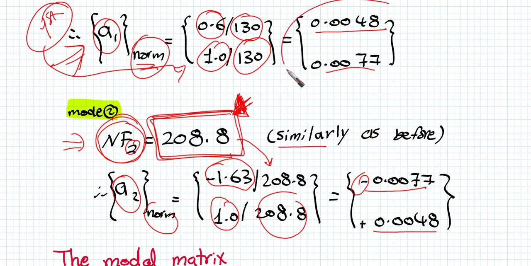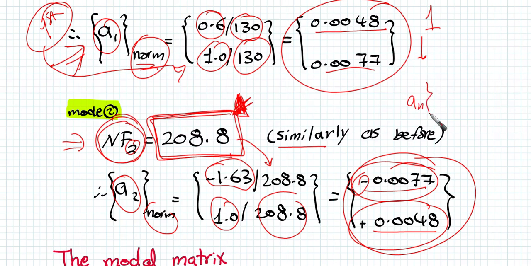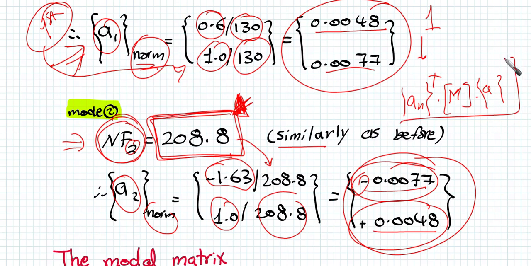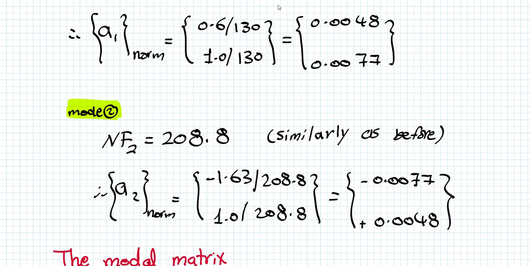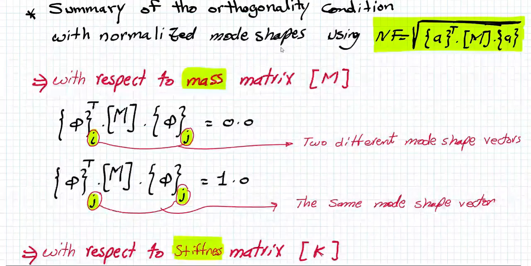As you can see here or here, we do not have a 1 or a fraction of 1. It's not like this, because this value is normalized in order to obtain a specific result, which is, as we said, A_N transpose times M times A. This is what we want to have, equated with the values, or to simplify our method for the solution.